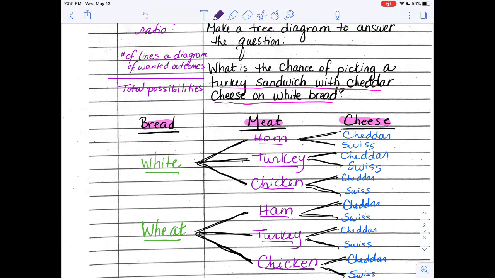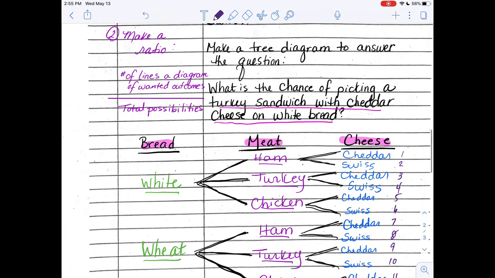And when I'm done, look at how many I have. How many combinations of sandwiches do they make? 1, 2, 3, 4, 5, 6, 7, 8, 9, 10, 11, 12. 12 combinations.